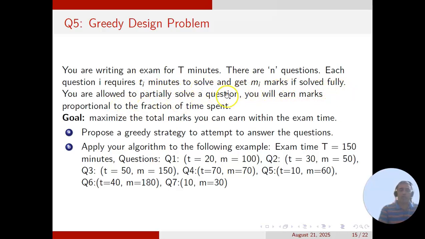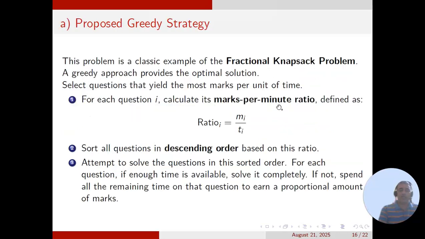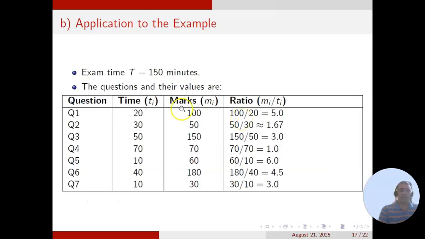If you solve partially, or spend the time partially, then you are going to get partial marks. Now you have a greedy strategy, similar to the fractional knapsack problem: select the one which yields the most marks per unit time. This is something that you can verify.